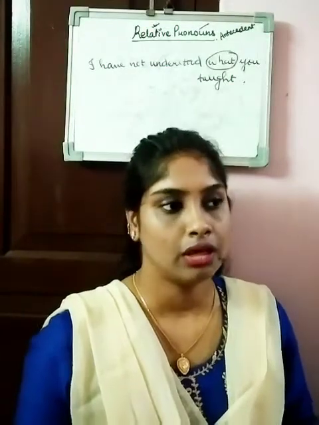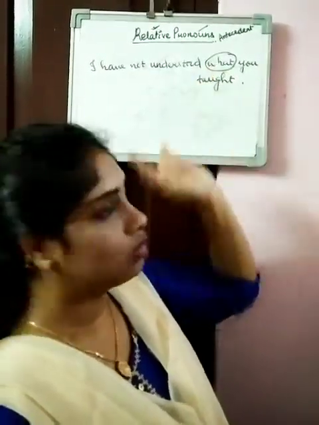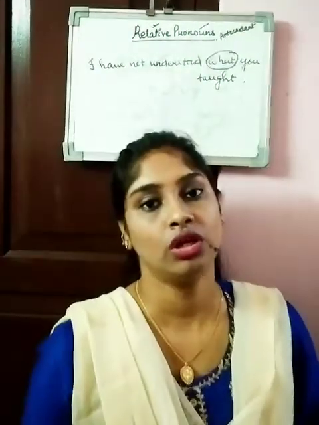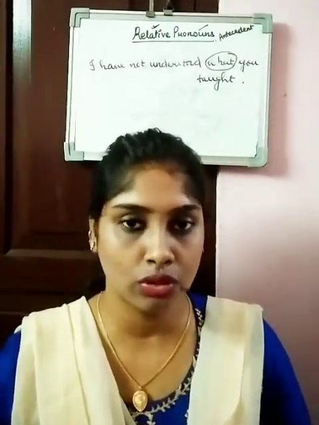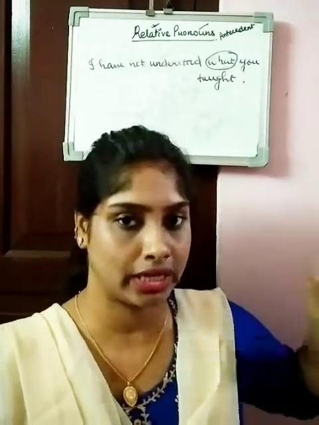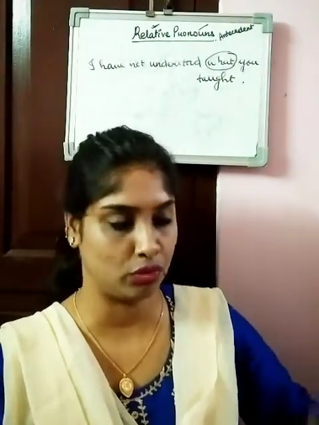This is the meaning, but we don't get any antecedent. We don't put any noun before the relative pronoun what. Just before that I told you what antecedents are, so you don't get any antecedent before the relative pronoun what.